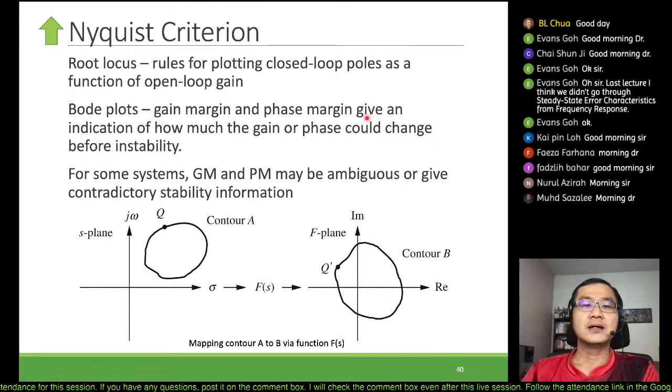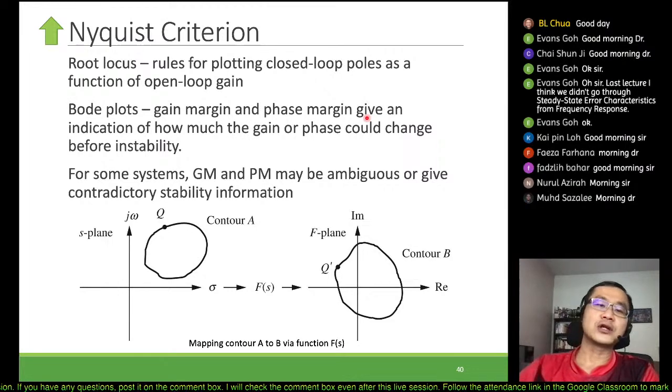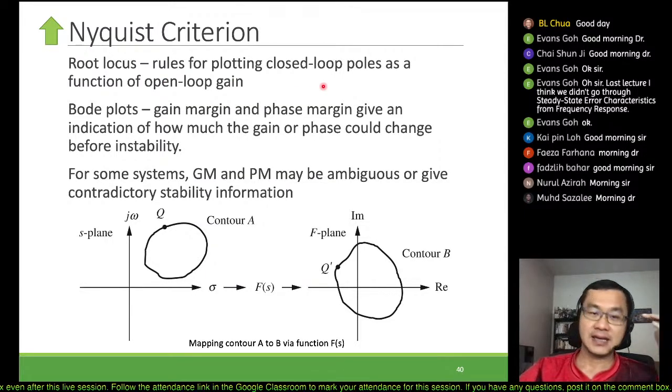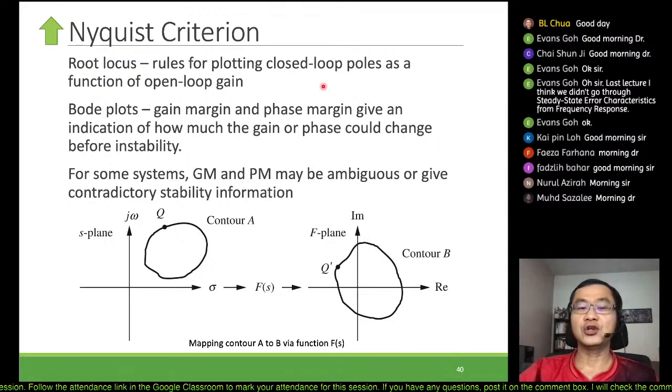to you. Actually you have gone through the root locus, okay. The root locus is good for us to plot the closed loop poles, okay, as a function of open loop gain, and where we can see clearly how the root locus actually change, okay, where it should intersect, okay, to get the solutions.